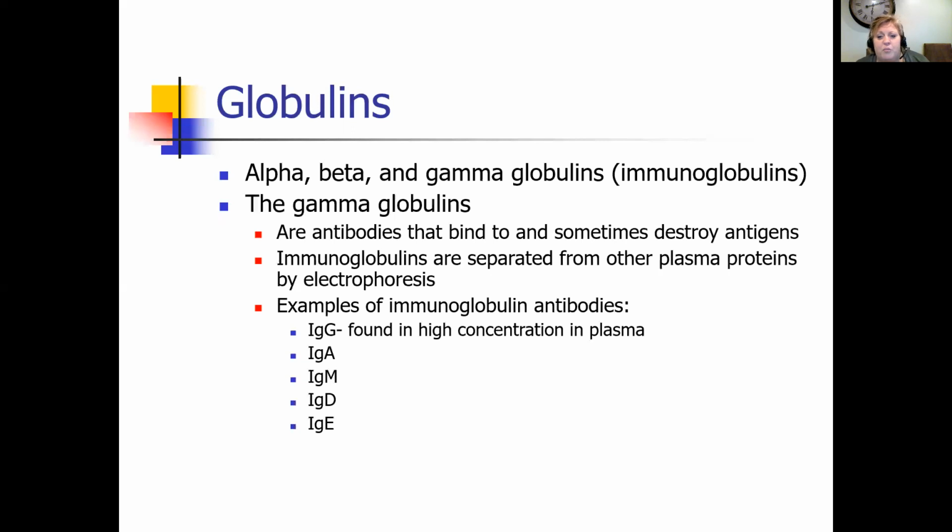Immunoglobulins are separated from other plasma proteins by electrophoresis, where we carry the immunoglobulins away from the plasma and keep them maybe for transplant to other patients. Examples of immunoglobulin antibodies found in the plasma are IgG, which is found in high concentration in the plasma, probably the highest of all of them, then IgA, IgM, IgD, and IgE.